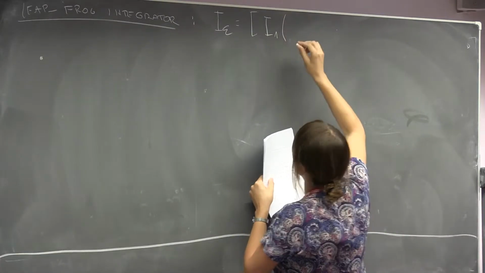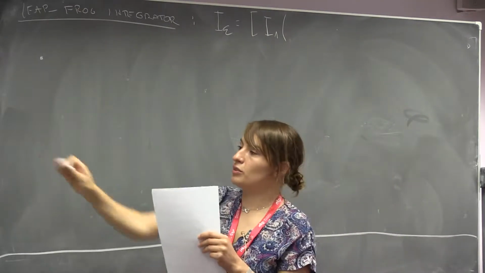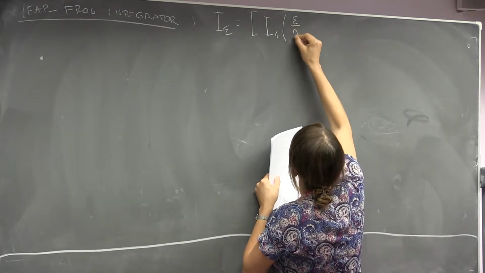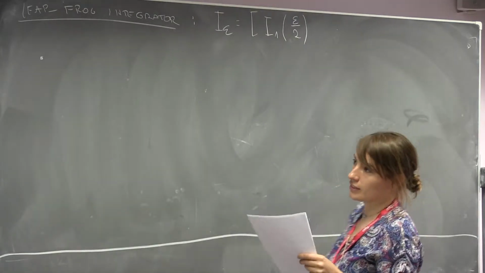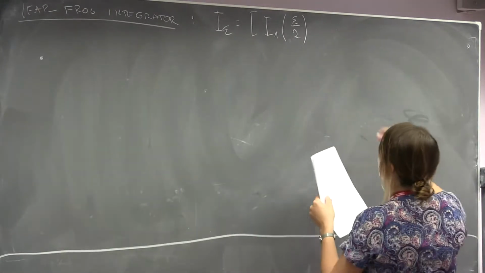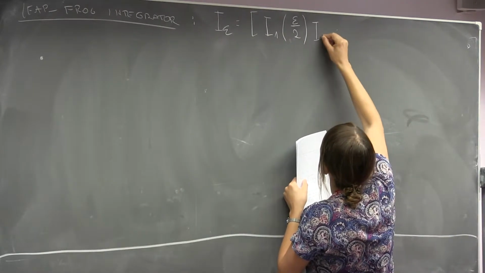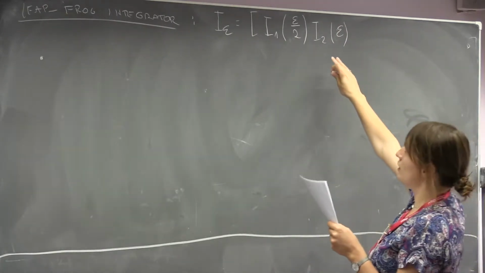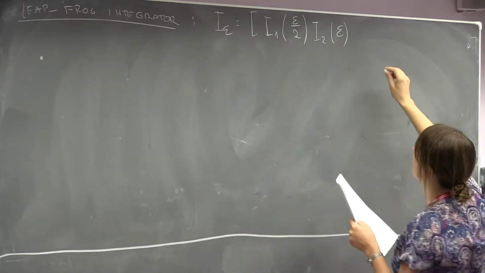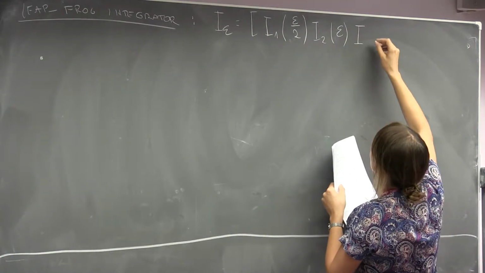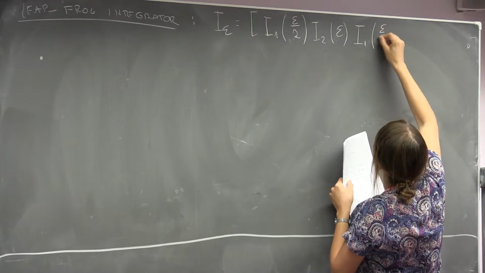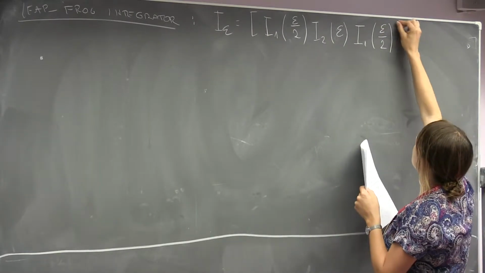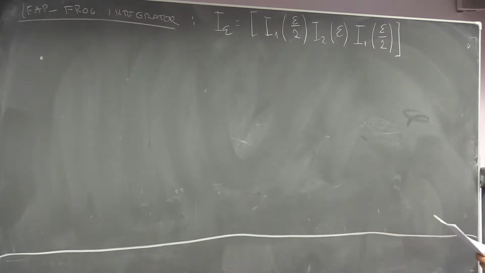So we will first perform the update of the field for half of this subinterval of the length epsilon. Then one performs the update of the momenta for the full interval, and then one performs a further update of the fields for another half of the interval.